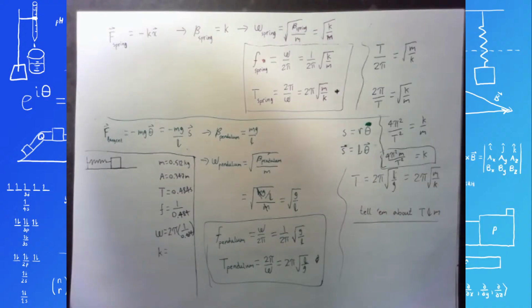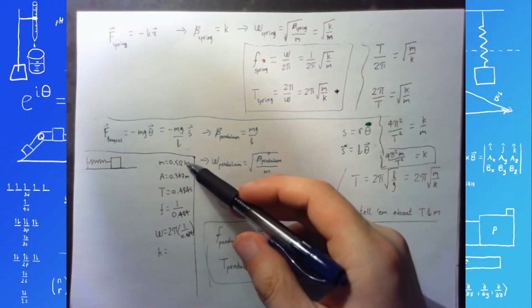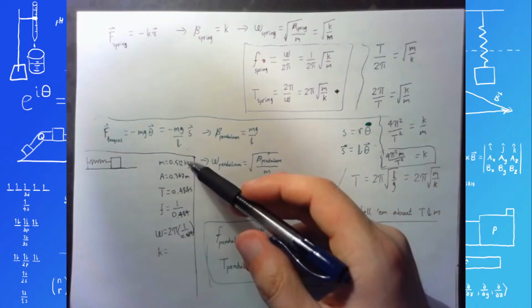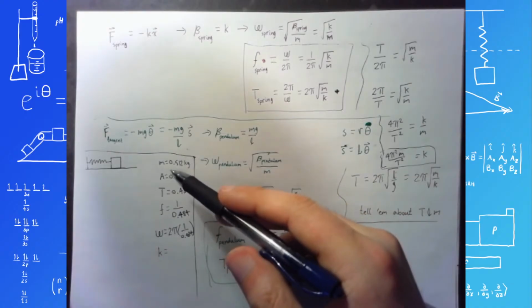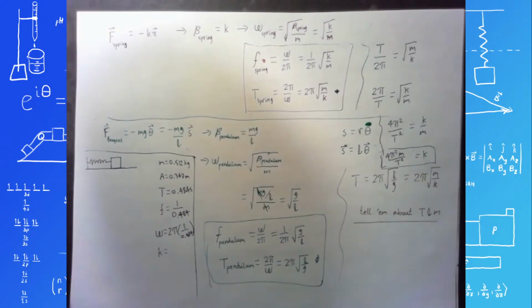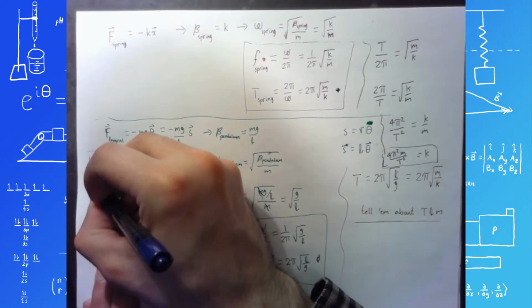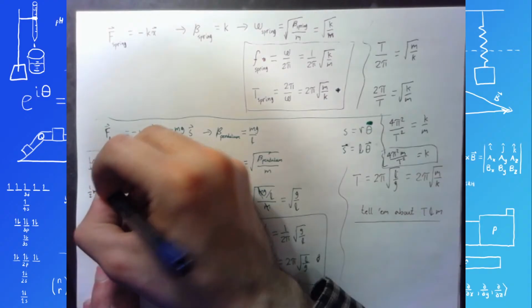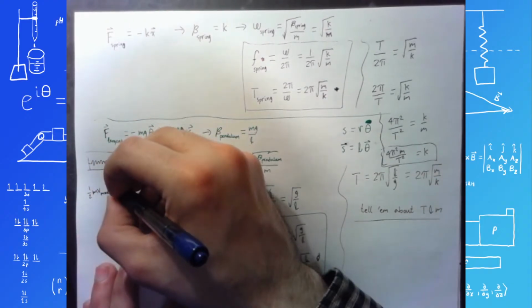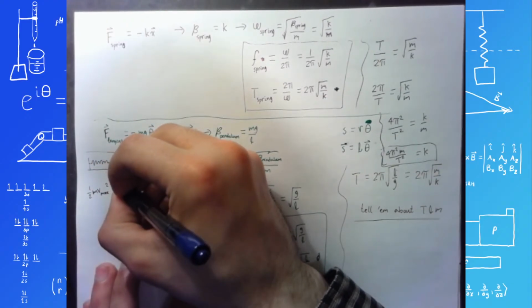And we set that equal to 1/2 m v max squared, multiply by 2, divide by m, and take the square root, and you're done there. 1/2 m v max squared is equal to 1/2 k a squared.